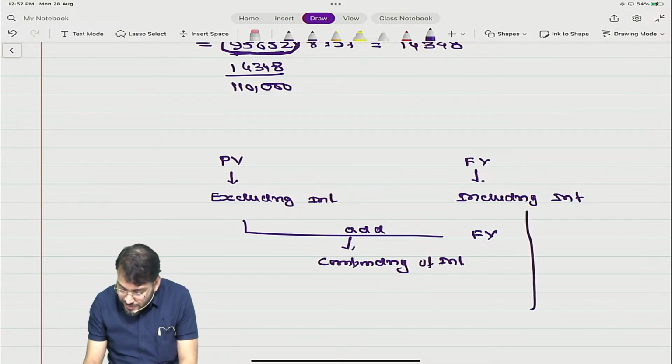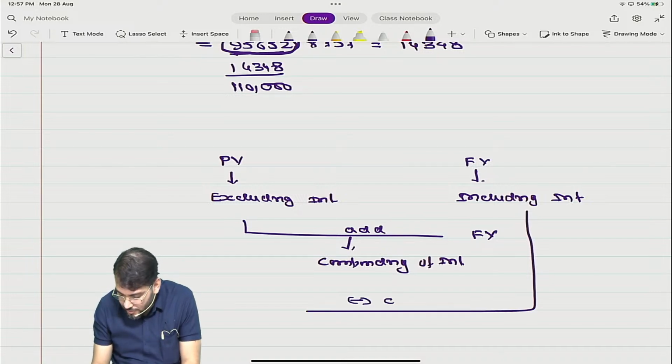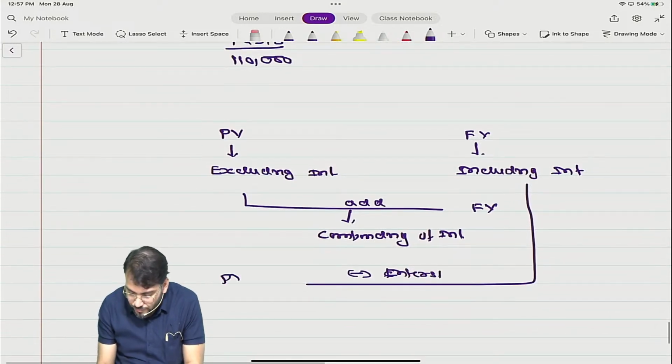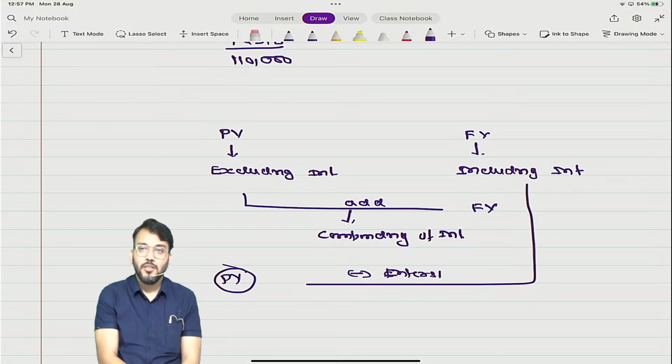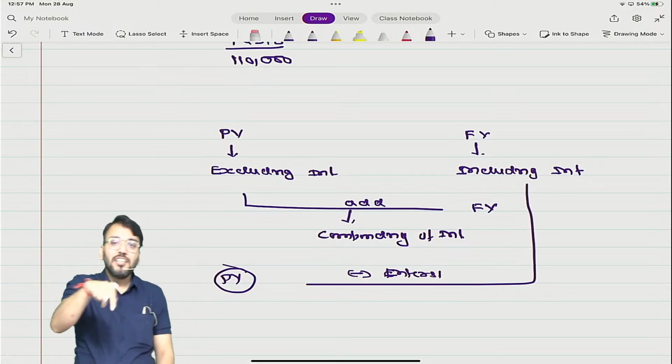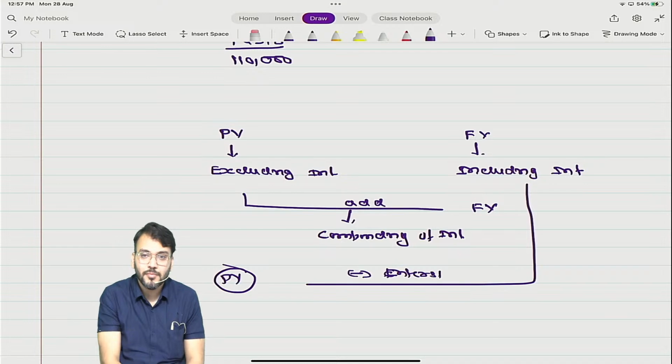Can I say if I deduct interest, then we'll get present value? From future value, if I minus interest, what will we get?